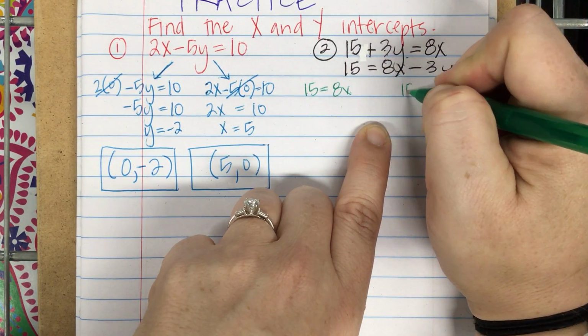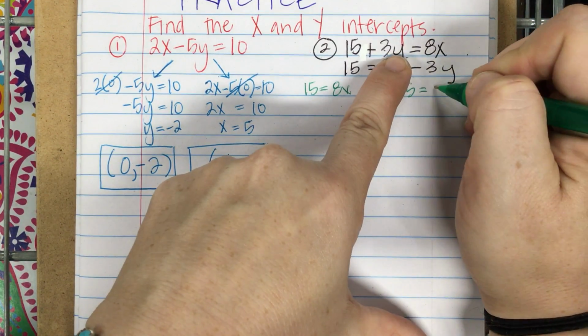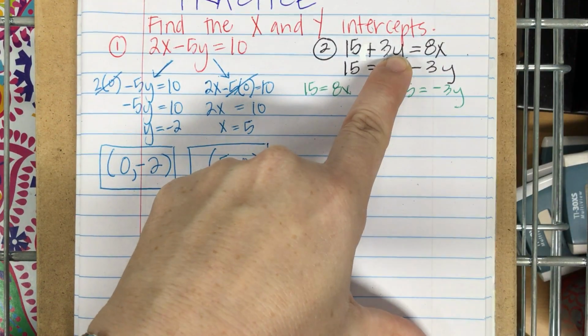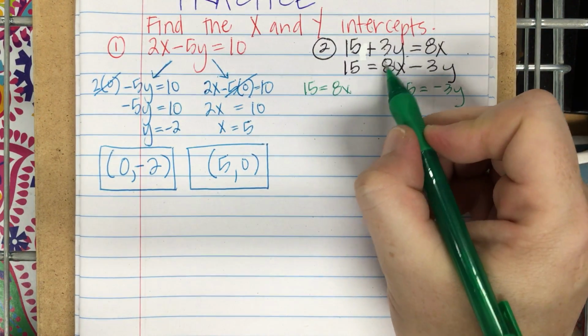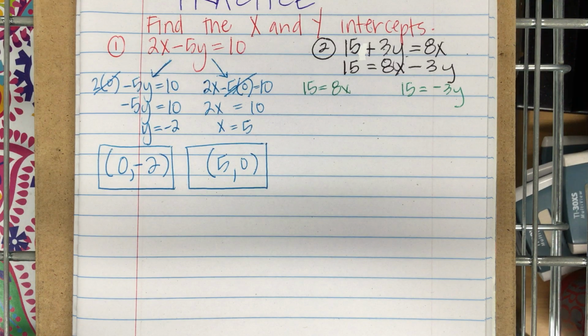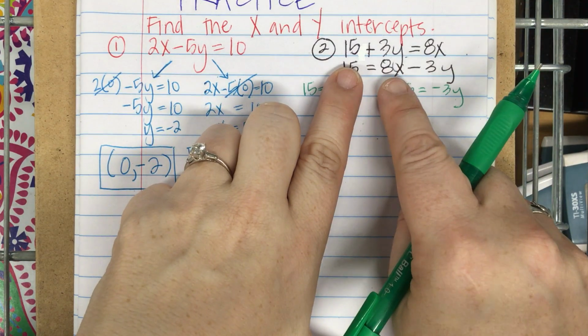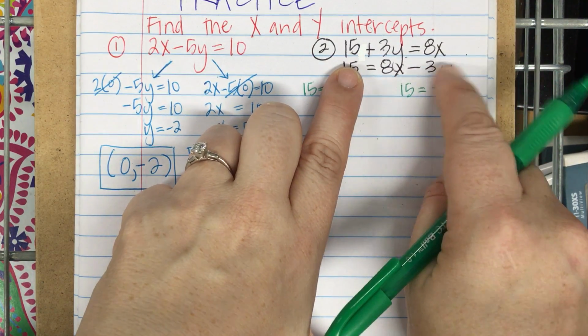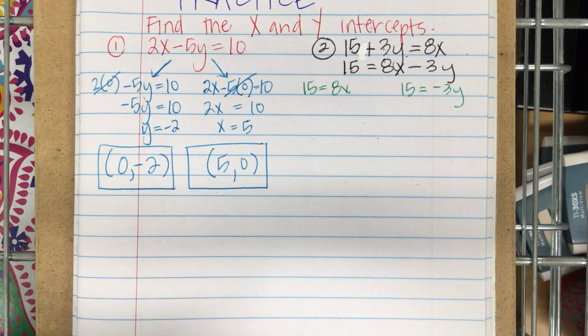Or I can do 15 equals negative 3y, because this is going to disappear. Now, it only works if it's in standard form. You can't do it that way if it's not. But if your problem is in standard form, ax plus by equals c, x and y are on the same side, you can just split it in half.